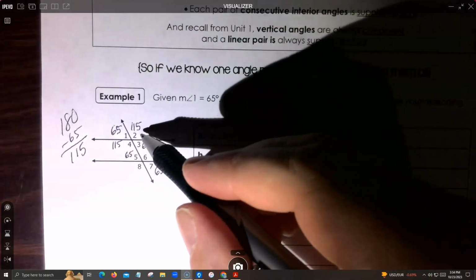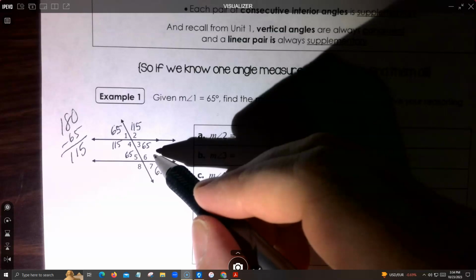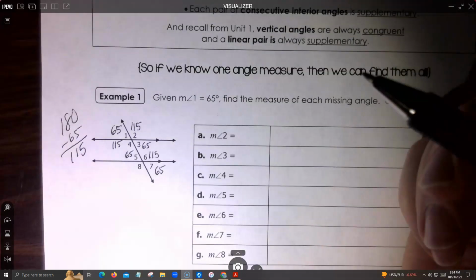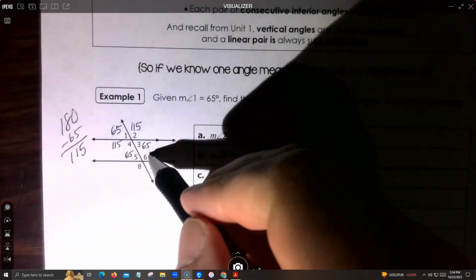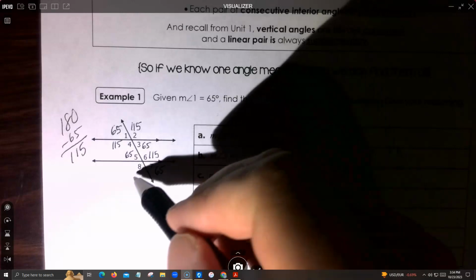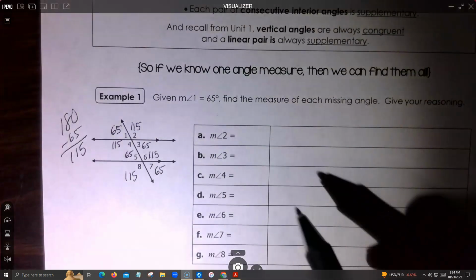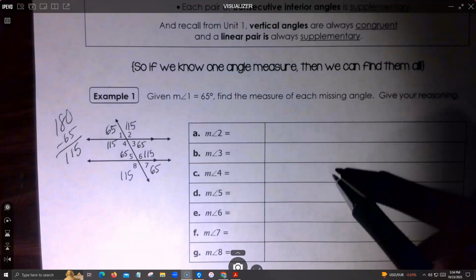And again, 2 and 6 are equal to each other because they are corresponding. And then these two across from each other are also verticals. So that's 115.